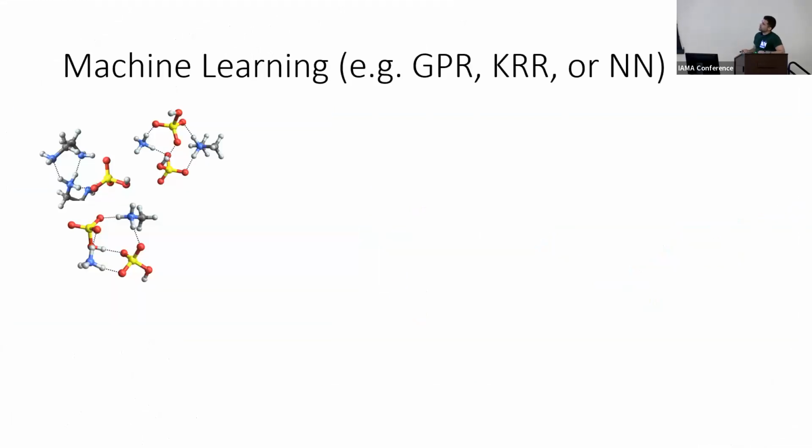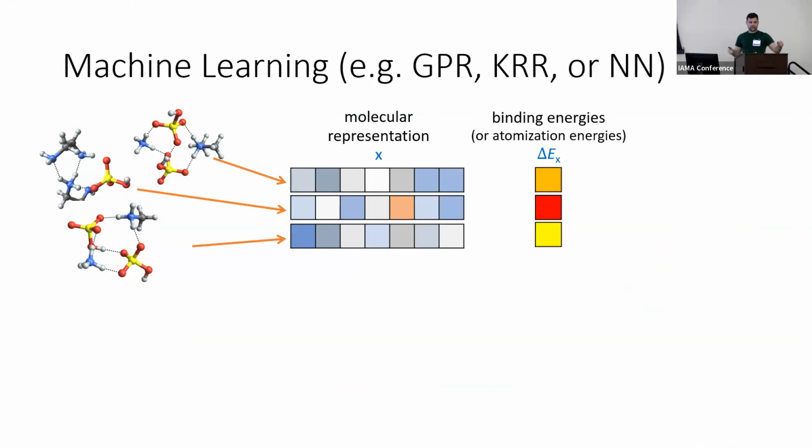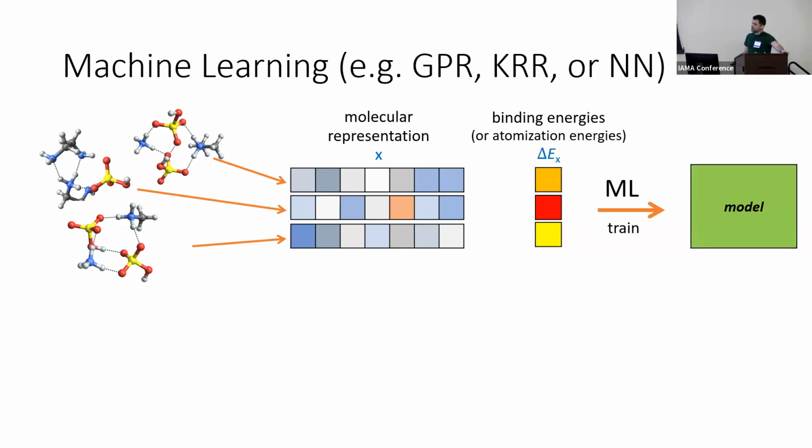So this is how we use machine learning. First, we prepare our molecules, which we write down in some machine-readable format. This is what we call molecular representation. It's not only the XYZ coordinates, but somehow restructured. We assign the energies or another property, and we use machine learning to train the model.